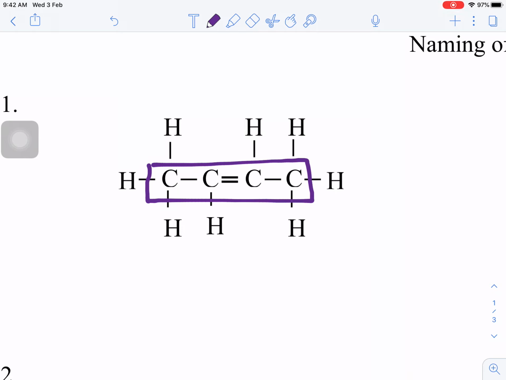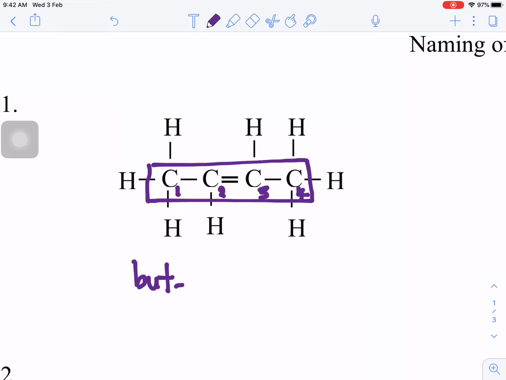Okay, how many carbon atoms? We have 1, 2, 3, 4. So the name must be but-. Now we know that these alkenes contain a carbon-carbon double bond, so it is an unsaturated hydrocarbon from the homologous series alkene.